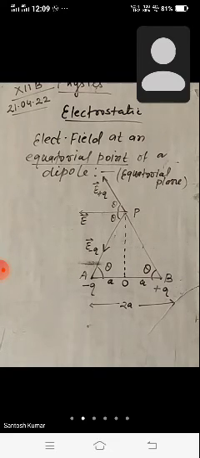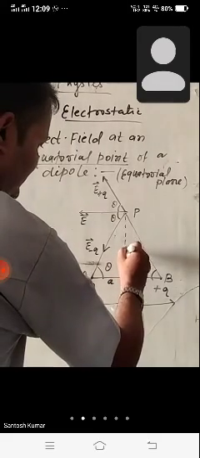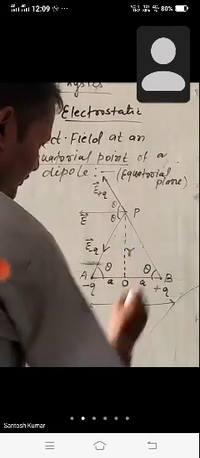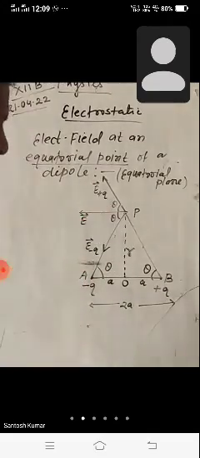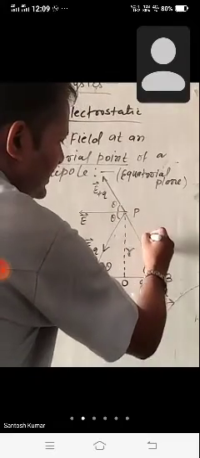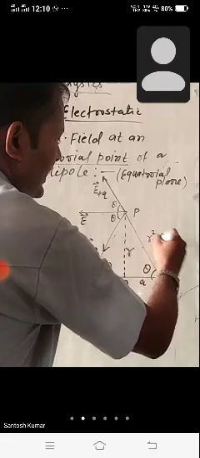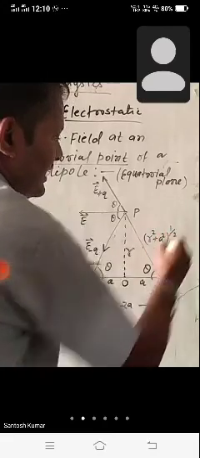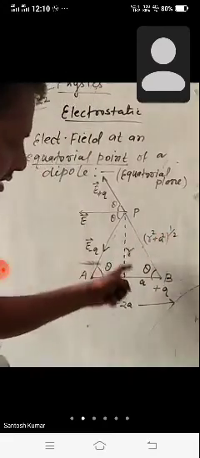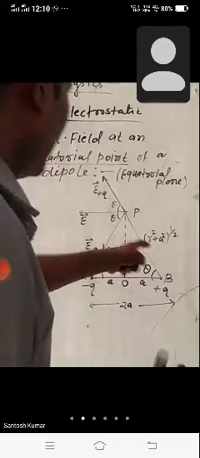So just note down the figure. This distance is r. Point P is at distance r. In the first case we had written this, this time also. Now this is a, this is r. So what will be the value of this? It is the hypotenuse, r square plus a square, under root, power half. So this value will be (r square plus a square) to the power half.